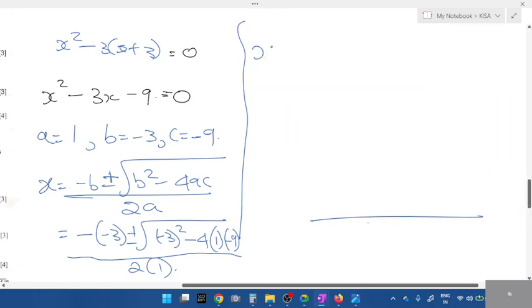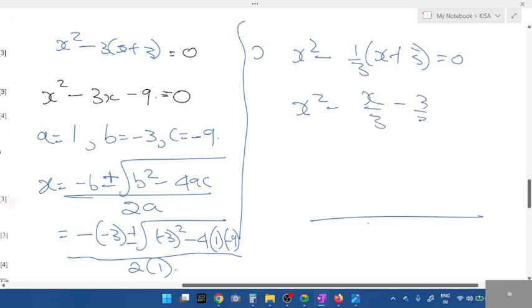Then even a fraction question: x square minus 1 by 3 x plus 3. x square minus x by 3 minus 3 by 3 is 1. Same. What is A? 1. What is B, students? Now tell me, what is B? Minus 3 or minus 1 by 3? You should take it as minus 1 by 3.